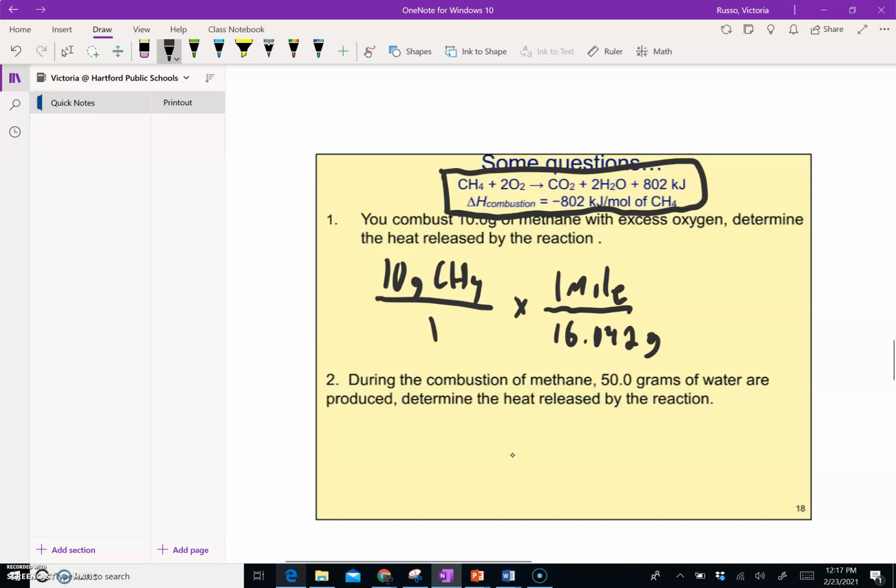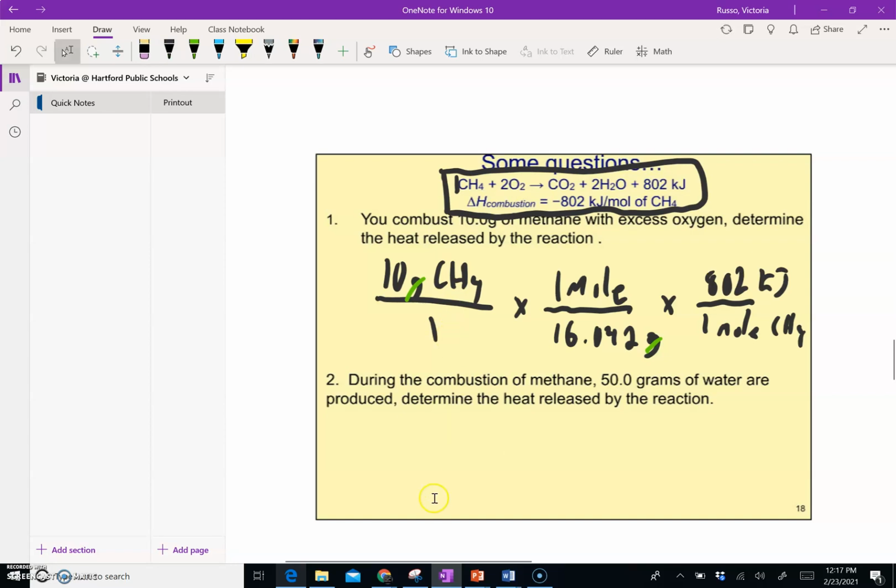That is something we did over the summer, to convert grams to moles: you divide the grams by the molar mass. So now the grams cancel, and we know how many moles we have. Now we want to know the energy released. If you have 1 mole of methane, because in the equation there's 1 mole of methane, you release 802 kilojoules of energy.